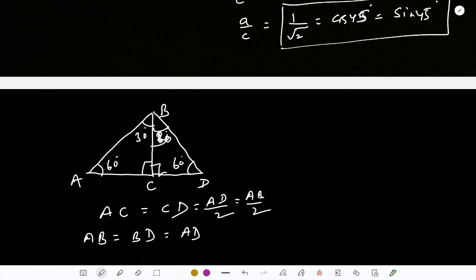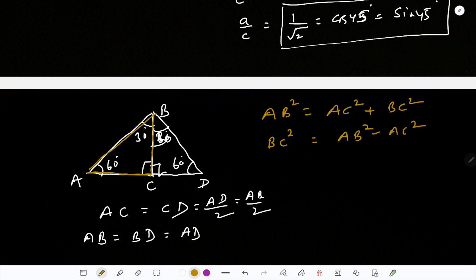And this triangle is an equilateral triangle, and there is a right angle triangle we have. You can see here, within the triangle ABD we have two right angle triangles, and we can do one thing. We can write Pythagoras theorem here, like AB square equals AC square plus BC square, and we can manipulate it a bit and write BC square equals AB square minus AC square.